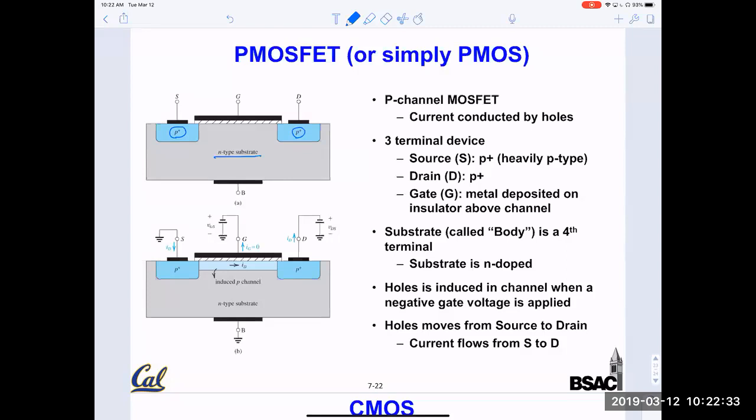Okay, there's a different threshold voltage, but you would apply negative voltage relative to the threshold voltage, and this will induce positive charges, holes coming out from the source, and the whole physics is the same. So we don't need to derive it again. It's basically the same physics.